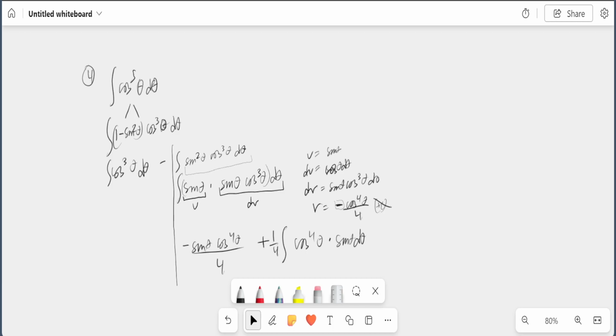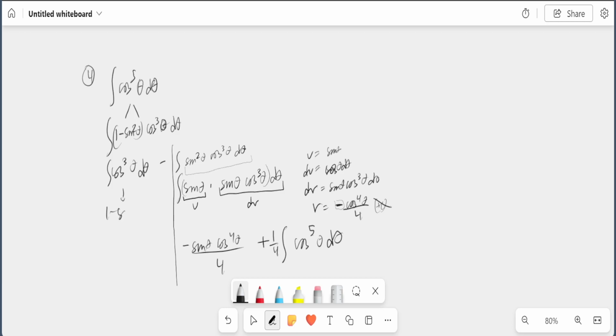Wait, shouldn't it be cosine to the fifth theta d theta? Oh, shoot. Yeah, it should. Whoops. And so cosine to the fifth. And then how do we integrate this? What would be the best way to do that?